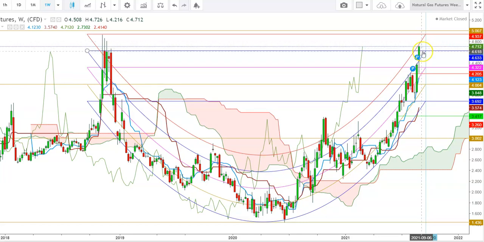And on the lower side, I find that a breakdown below the levels of the 4.633 could continue to drag down natural gas futures towards the levels of $4.4. And here I find that a breakdown below the levels of $4.4 could push the natural gas futures towards the levels of $4.2. So friends, now let's check this move in a daily time frame.